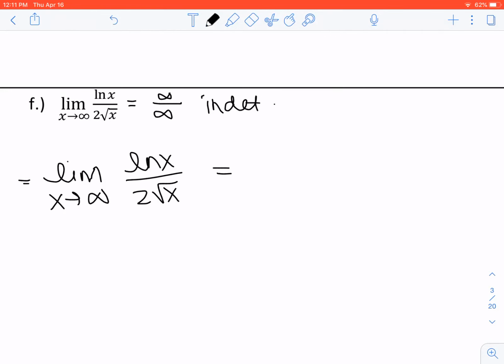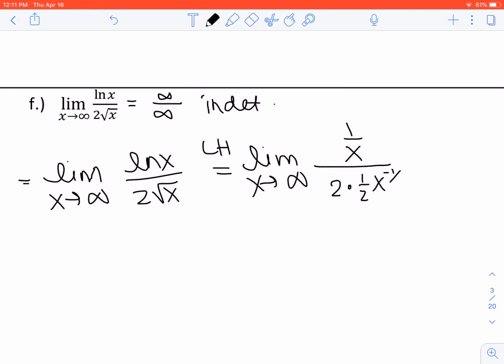I'm going to put equals and put down L'Hopital's. Same limit as x approaches infinity. Derivative of the numerator, the derivative of ln of x is just 1 over x. And the derivative of 2 times the square root of x is going to be 2 times 1/2 times x to the negative 1/2.